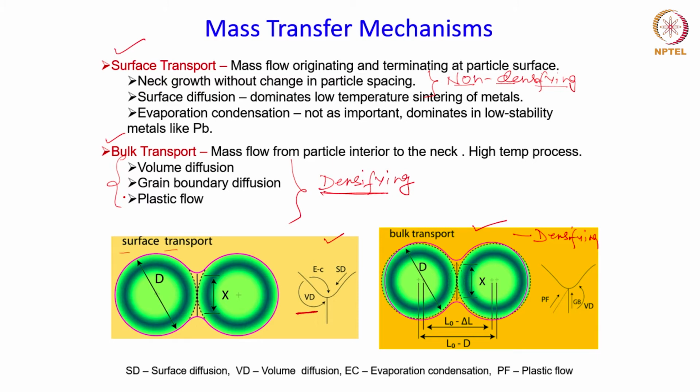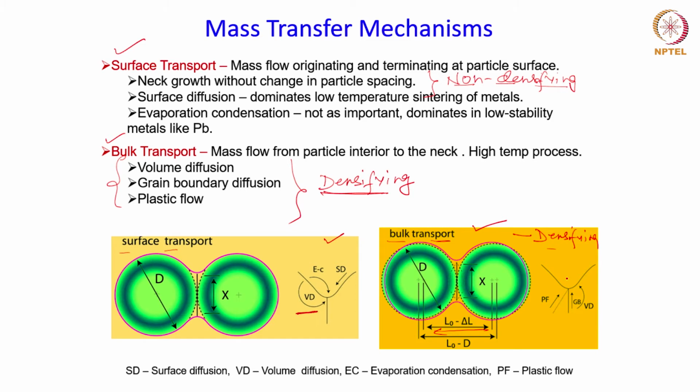So here you can see it is associated with the shrinkage as shown over here. Right, so whenever shrinkage occurs, it means the densification is occurring. So therefore, all these processes of bulk transport can be categorized as densifying mechanisms.